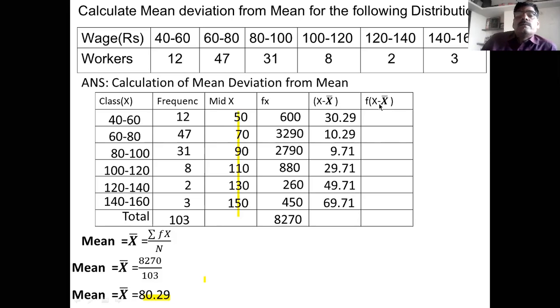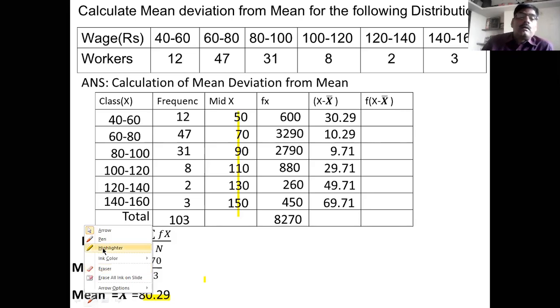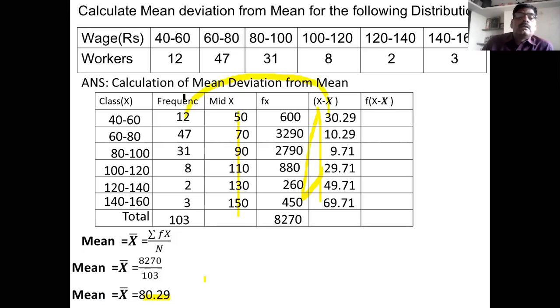Come to the f into x minus x bar. This column is the x minus x bar. F into x minus x bar means this and this column. These 2 columns, you multiply and take the answer. Next column. 363.48.